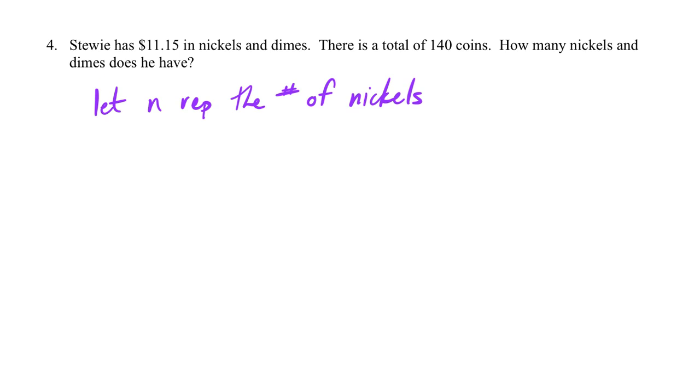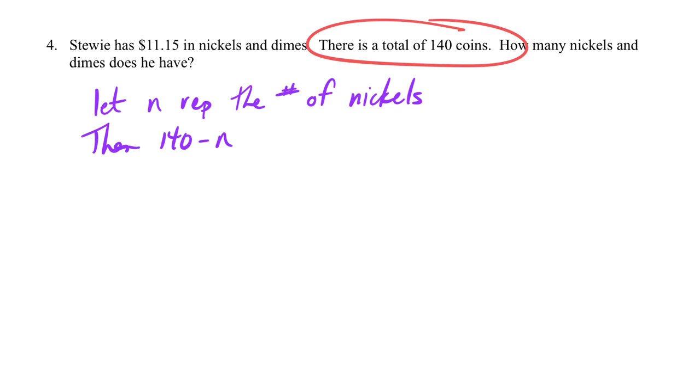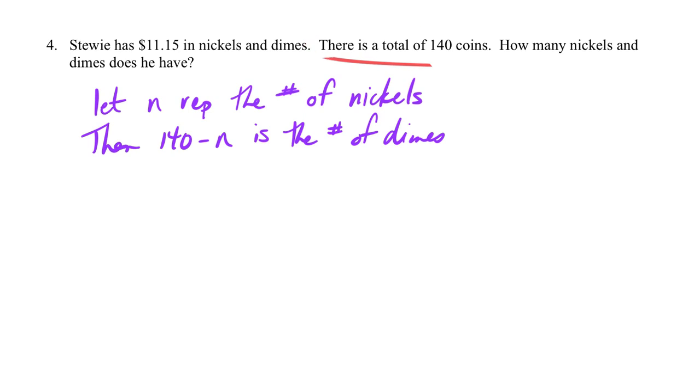If n represents the quantity of nickels, then that sentence tells me my total. So 140 minus the quantity of nickels is the number of dimes. We know our total. If n is one of them, then our total minus n has to be the other.